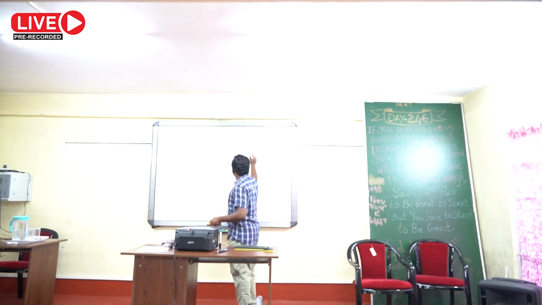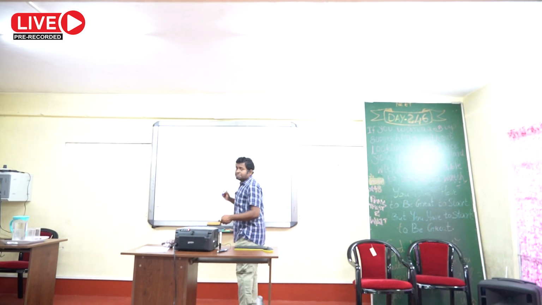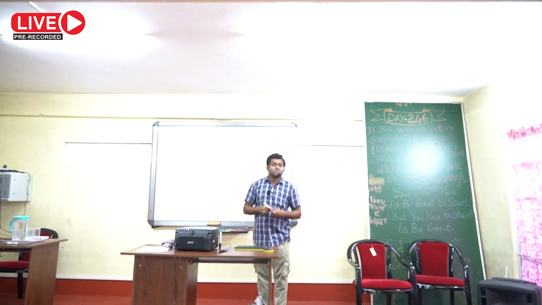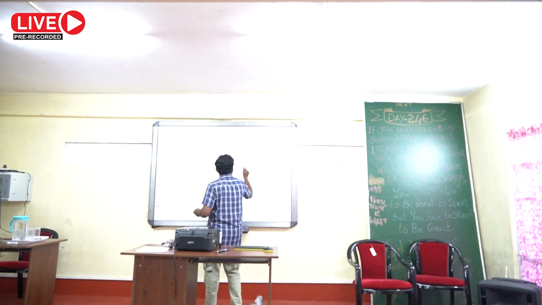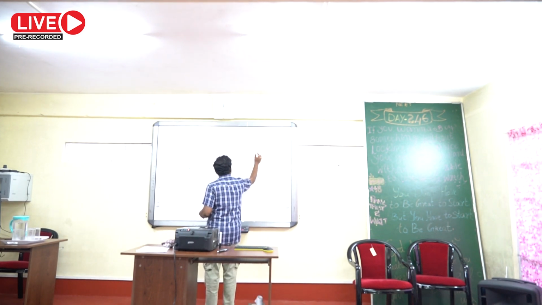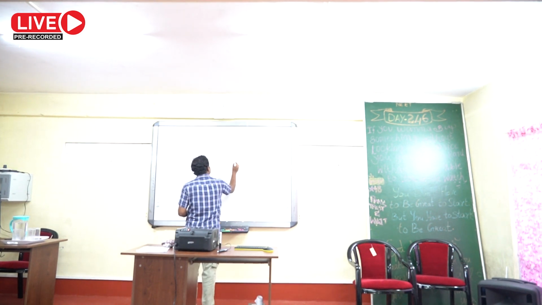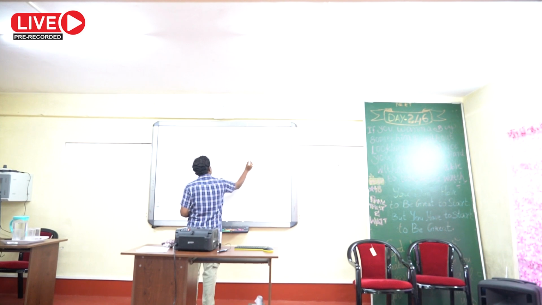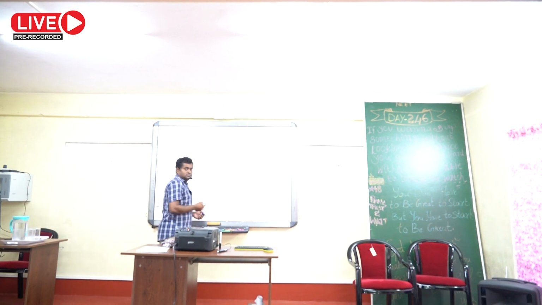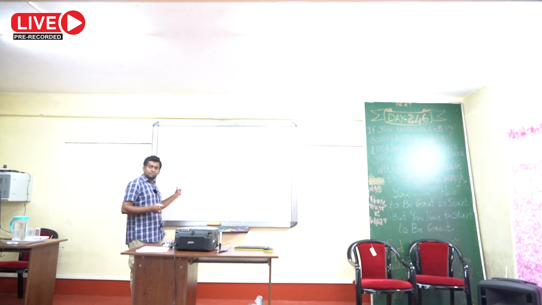Then r cross, what is dp/dt? Force, the rate of change of linear momentum. That is force. It can be written as v cross v. This one is tau, that is r cross F.